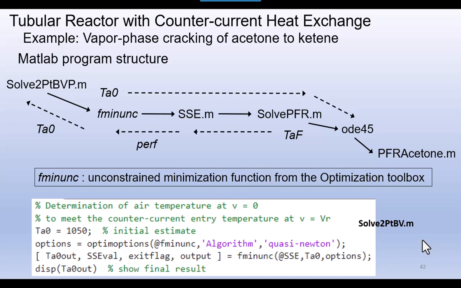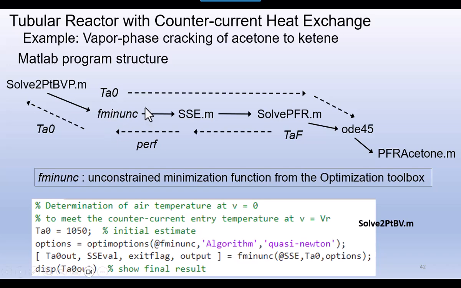And that is that we have a main script which produces an air output temperature, and then that goes to our ODE45, which solves the model and determines the air feed temperature at the end of the reaction, and then comes back around and adjusts this until we meet the specification.